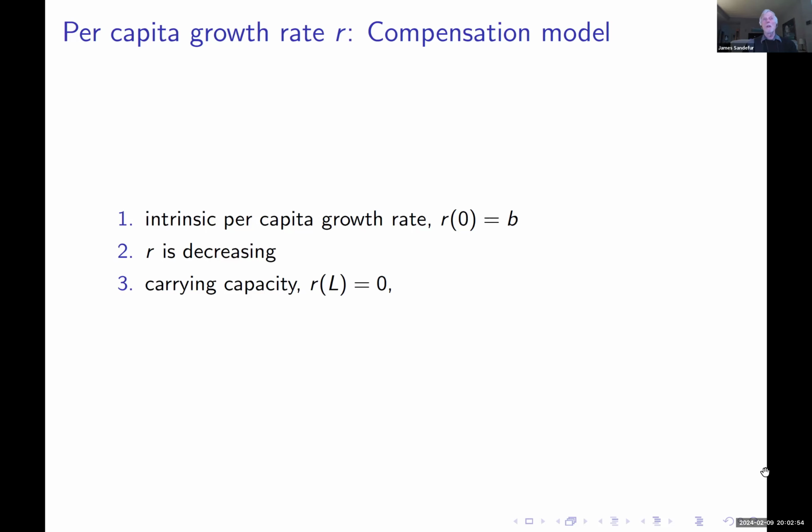It does not occur at 0. So we will assume that the per capita growth rate is decreasing, so that as the population size increases, there are food and space limitations, and so the growth rate would decrease. And then we assume there's some carrying capacity. When the population size reaches the carrying capacity, which I'll call L, the per capita growth rate would be 0. Now, for simplicity, we can rescale and let one unit of the population be the carrying capacity.